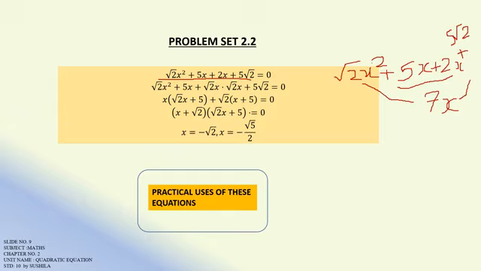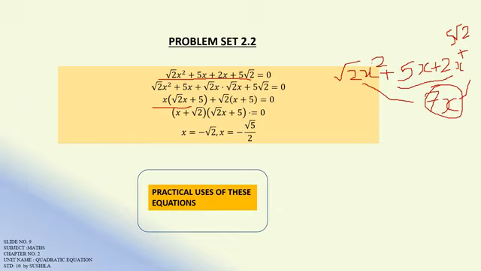And if you separate the 7x into two consecutive numbers, what will you get? 5x plus 2x, right? After that step, what do you have to do? You have to write root 2 x square plus 5x plus 2x plus 5 root 2. Okay, and in that, the common thing that will come out is x. Root 2x plus 5 will come inside the bracket, and plus root 2, x plus 5 will come, and root 2 will be common.